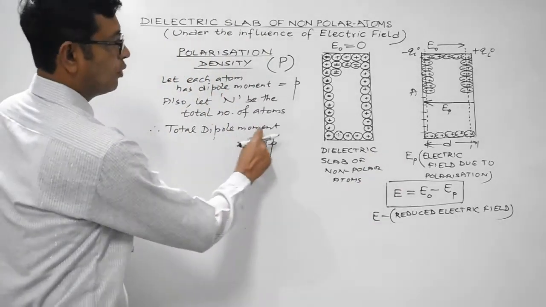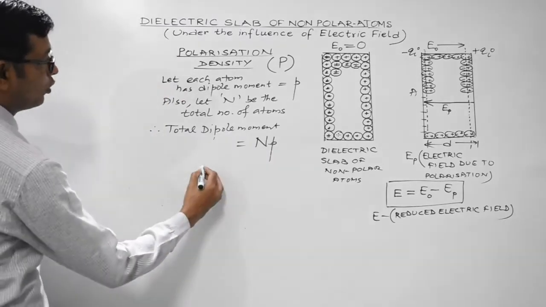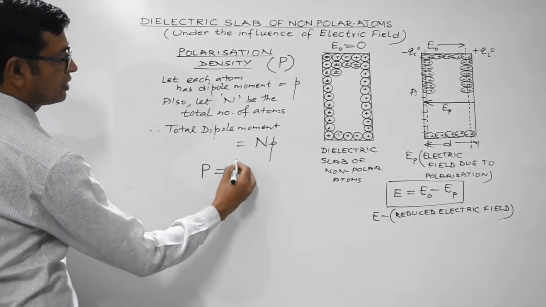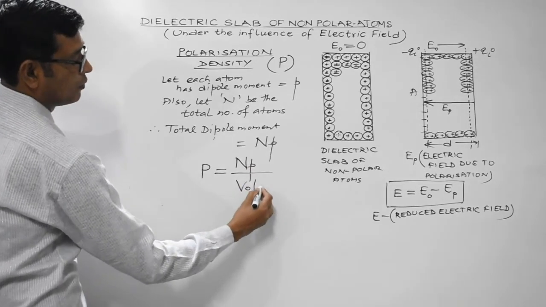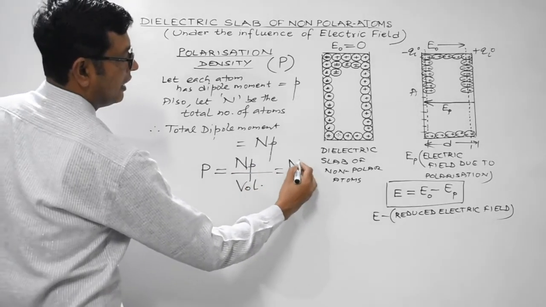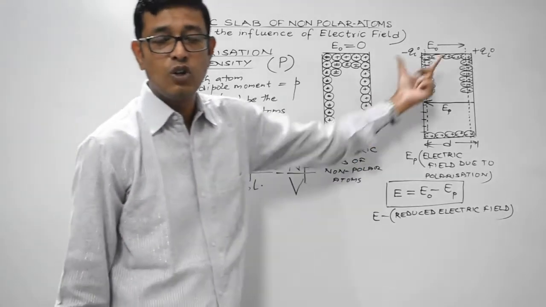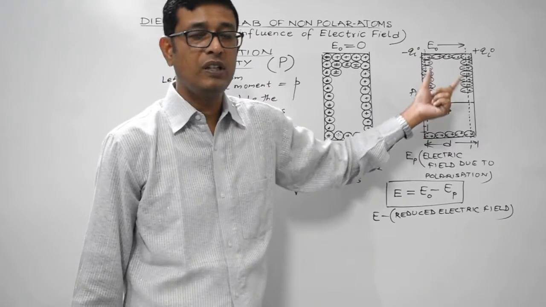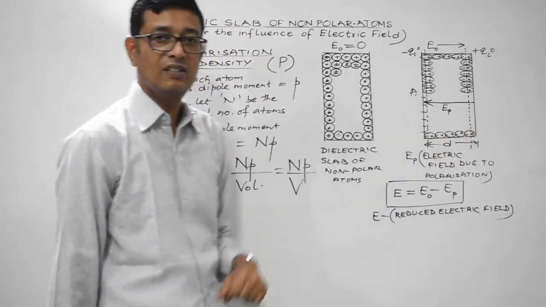Therefore, the total dipole moment induced in the entire slab would be Np. And polarization density, as per definition, is given by Np divided by volume. That is Np divided by V. V is the volume of what? Volume of this dielectric slab, which will be equal to cross-sectional area multiplied by this distance or thickness.